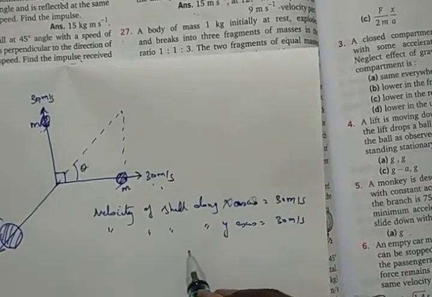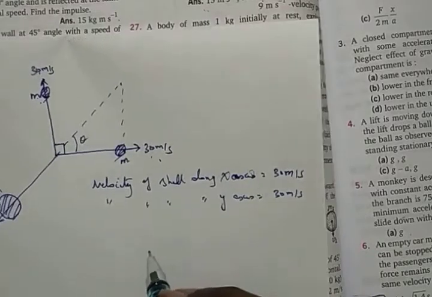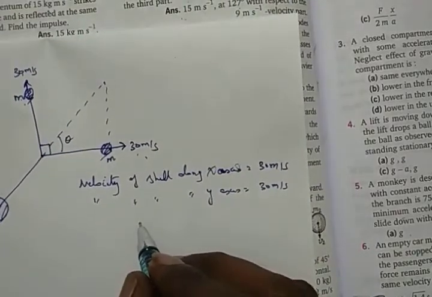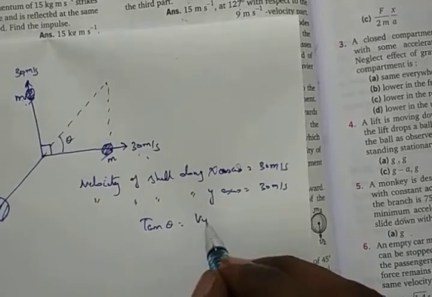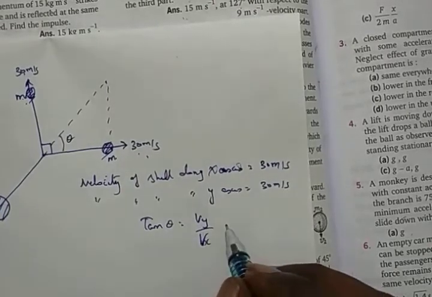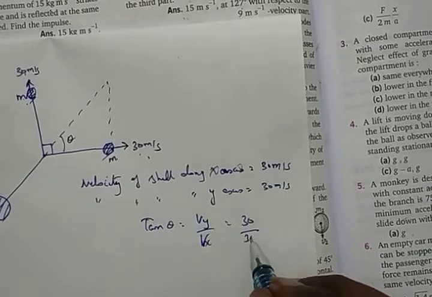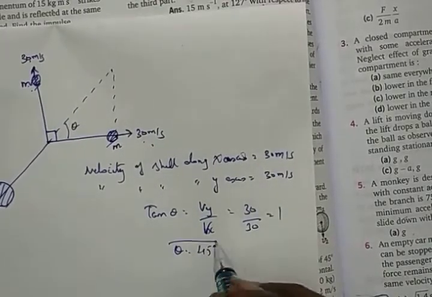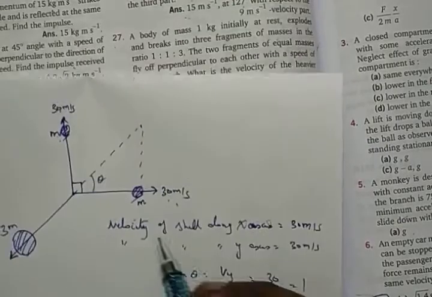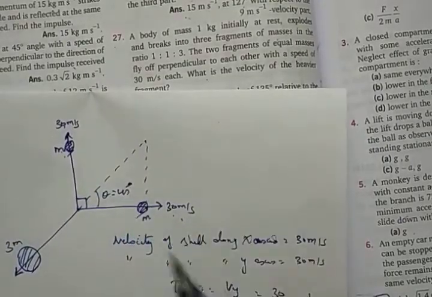Right? Now tan theta, the angle, is equal to Vy upon Vx. That is going to be equal to 30 upon 30 equal to 1. So theta is going to be equal to 45 degrees. So this theta is going to be equal to 45 degrees here.